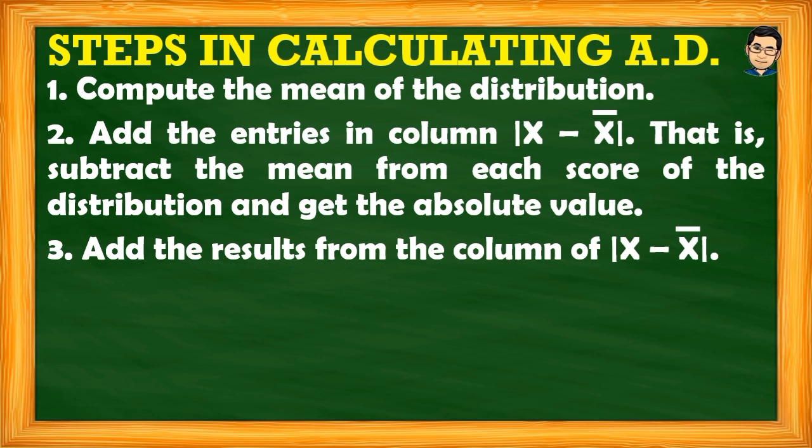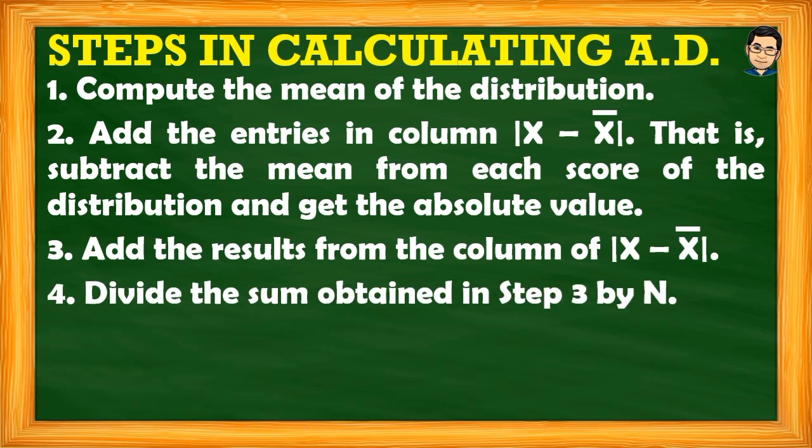Okay, so after natin makuha yung deviation, i-add lang po natin yun on the second column. So, add lang natin yung mga nakuha nating mga sagot. And then, divide the sum obtained in step 3 by n. So, kapag na-total na natin, nakuha na natin yung summation, i-divide lang natin yung result na yon kung ilan yung n, kung ano yung value ng n.